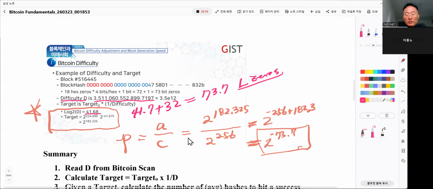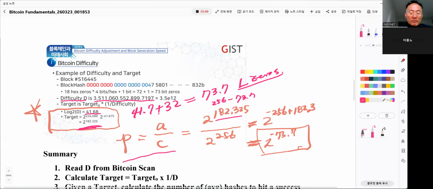In order to calculate P, the probability of hash success in a single run, the size of the set is this, which is equal to 256 minus 73.7, which becomes 2 to the power of 182.325.